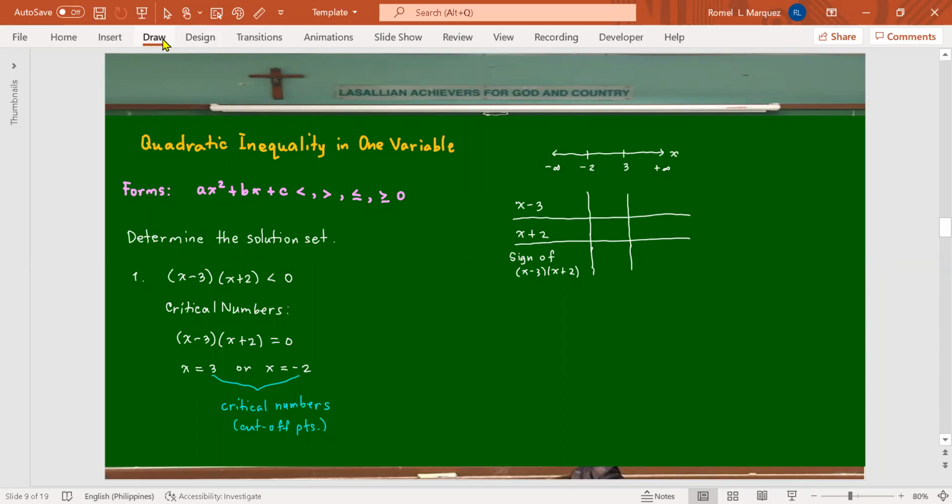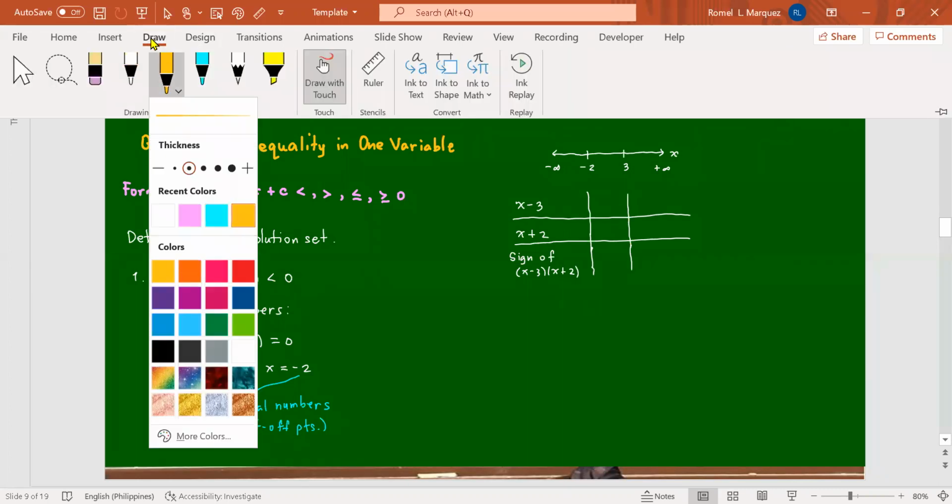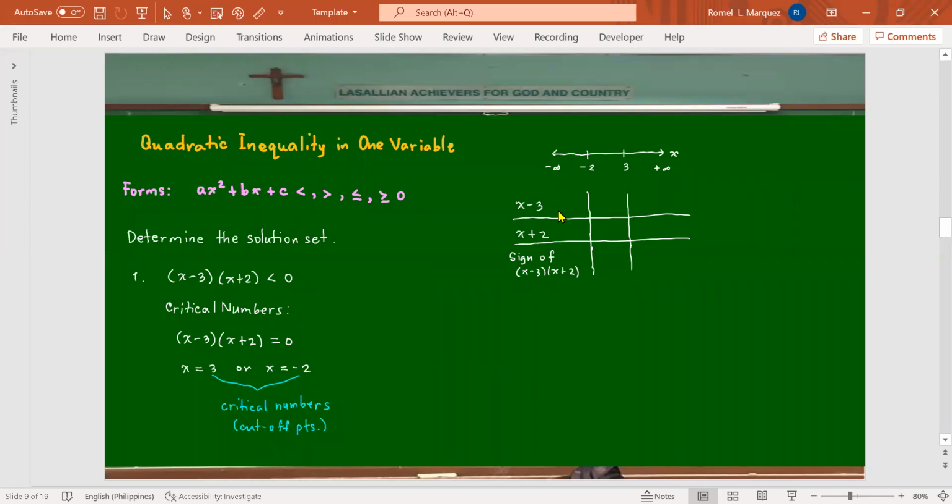Now, where is x minus 3 neutral? Meaning, when is it 0? When x is 3, correct? And when is x plus 2 equal to 0? When x is negative 2. Am I correct, children?